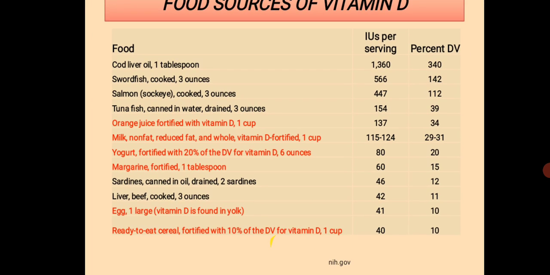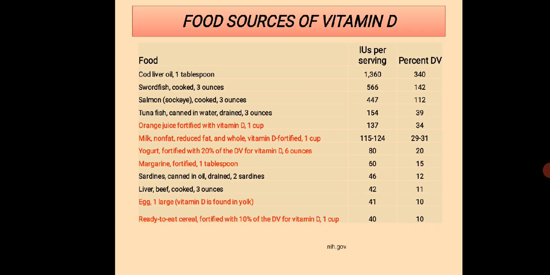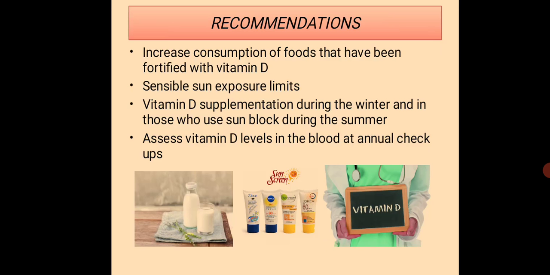You can see cod liver oil, with international units per serving and percentage of the vitamin D. So cod liver oil, salmon fish, multiple things, milk and liver, eggs, ready-to-eat cereal are given here. Sources and their international units of vitamin D in these foods have been explained.